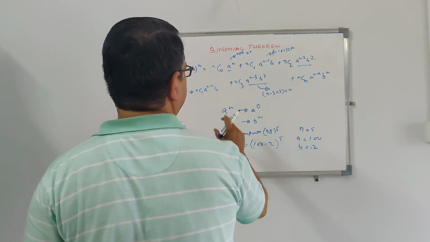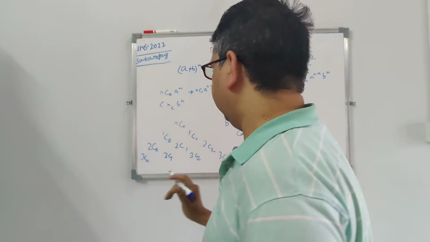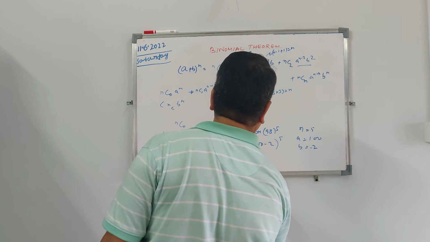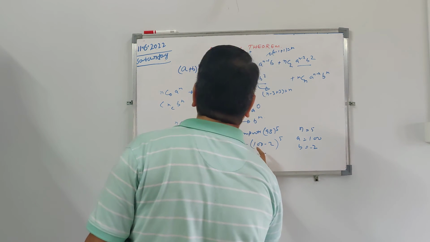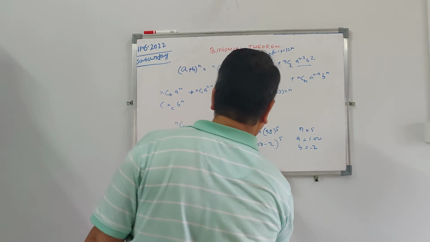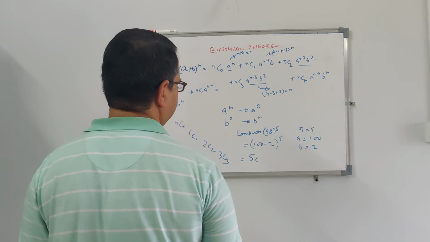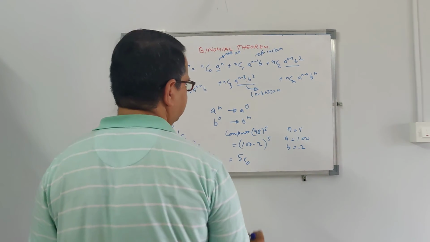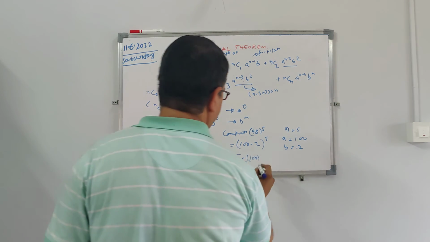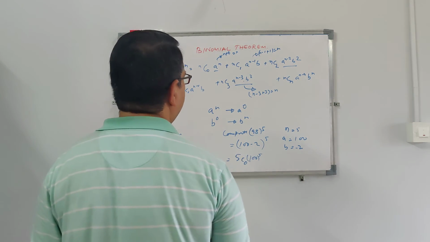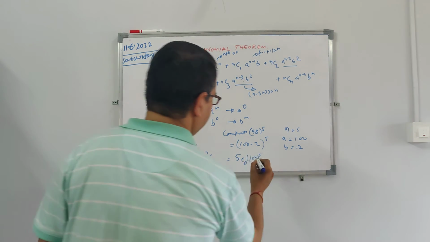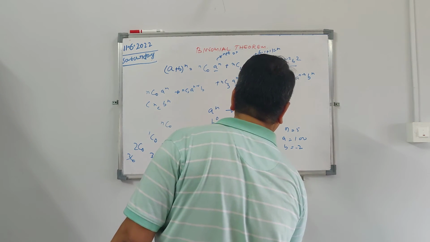You will have 6 terms here. Since n is 5, the first term is 5C0, 100 to the power 5, into b to the power 0, so minus 2 to the power 0.